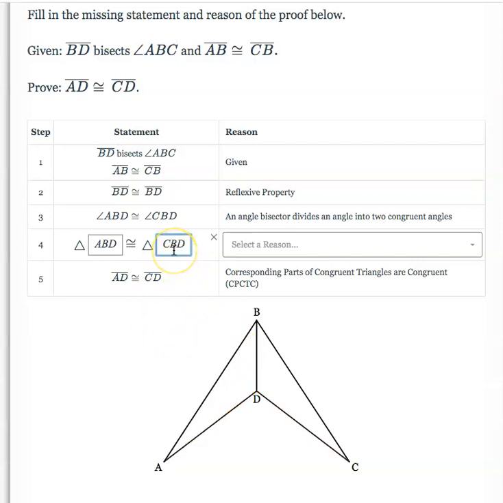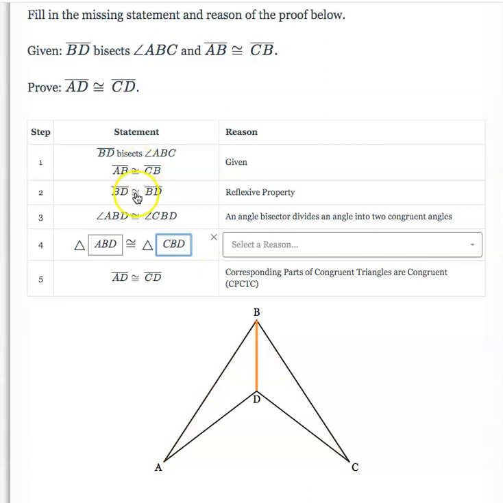Well, in order for two triangles to be congruent, there are three things that I'm looking for. Let's go back and look at the givens. The line previously showed that we had two angles congruent right here at vertex B. And we had our reflexive property. We have a side, an angle and a side, and AB congruent to CB is another side.